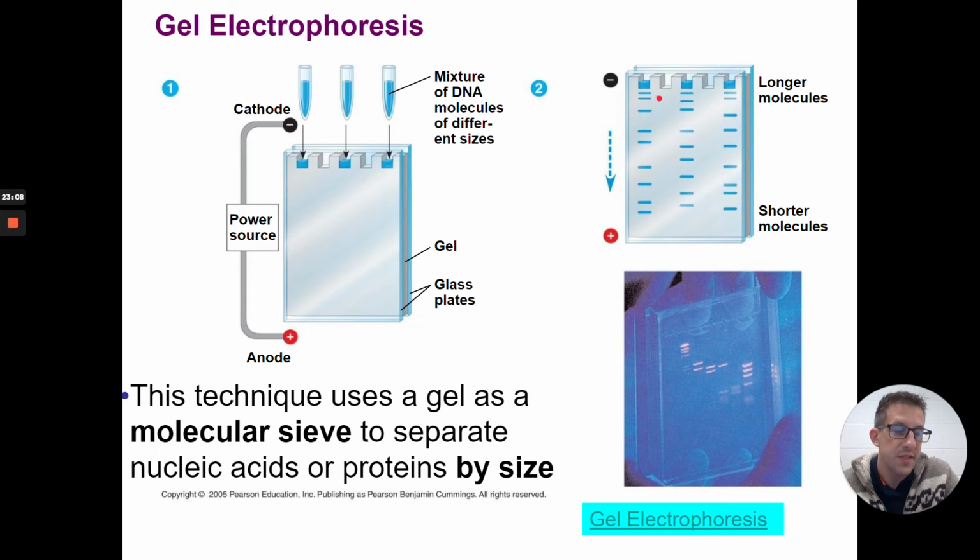And so those different DNA size chunks are going to go through that gel at a different rate, and it's going to cause them to line up differently. So I can unequivocally say that this person here who produced these DNA chunks is a different person from this person here who produced these DNA chunks.